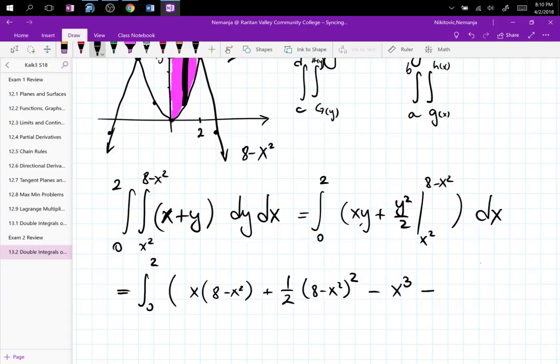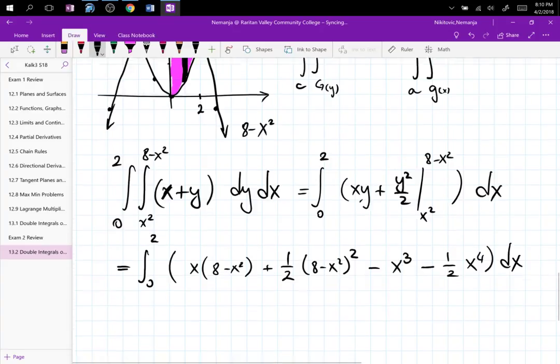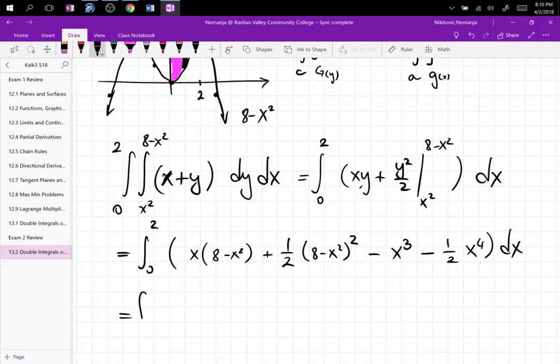And then we have another minus 1/2, that's going to be x to the 4th, because we have y squared over here, plug in x squared inside, get x squared squared, which is x to the 4th. Now simplify all this mess so that we can do a Calc 1 integral.